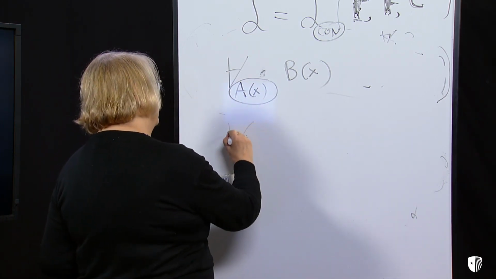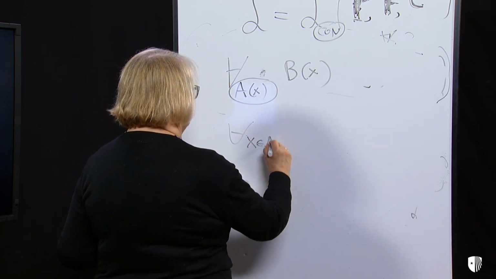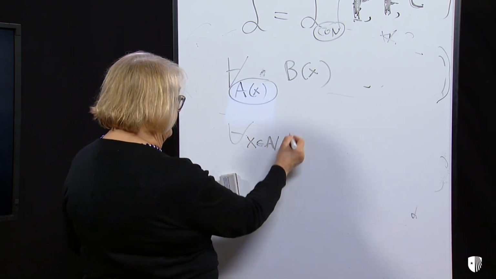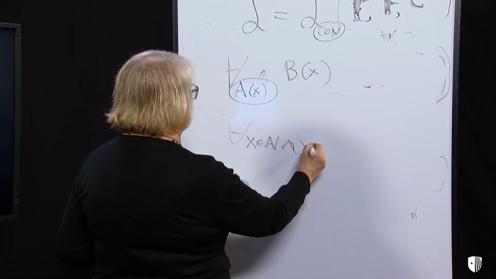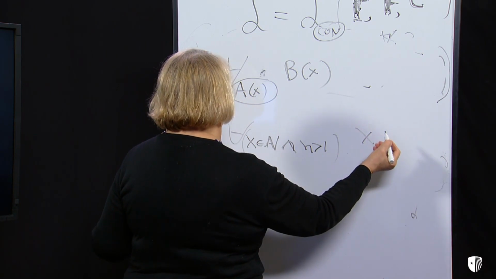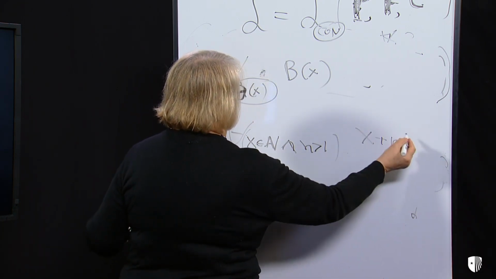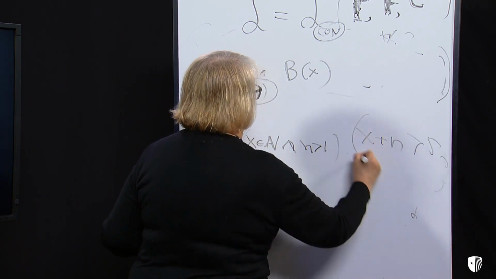For example, I can write for all x, natural number n greater than 1, x plus n greater than 5.